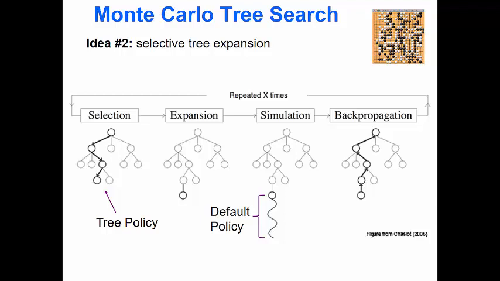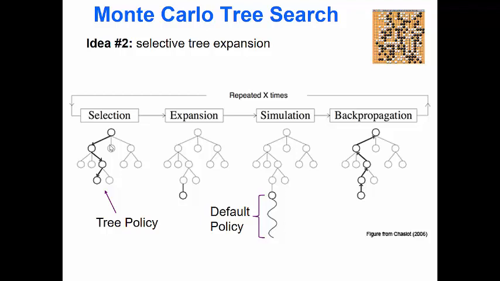So the picture of Monte Carlo tree search looks like this. This is a standard picture. Monte Carlo tree search, unlike sparse sampling, you actually store the tree in memory. And the reason you do that is because the tree in memory is storing some statistics that tell you where you want to expand it next, as opposed to sparse sampling, which doesn't need to store the tree because it doesn't do any selective expansion.